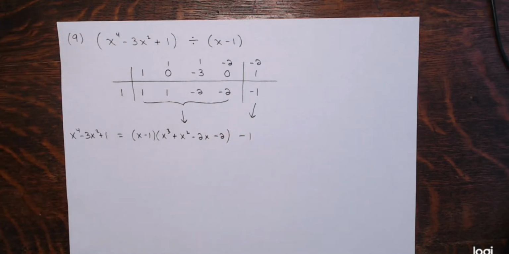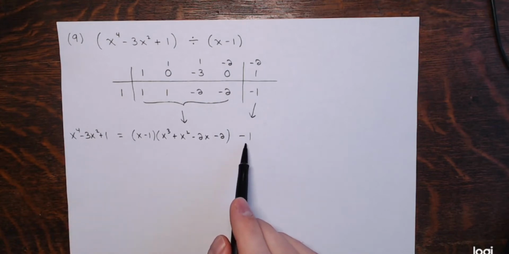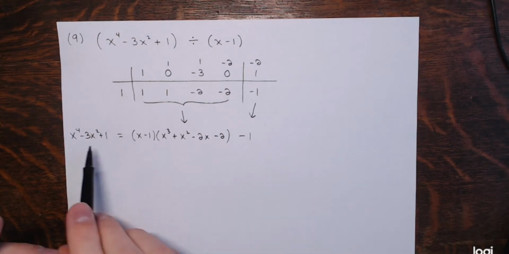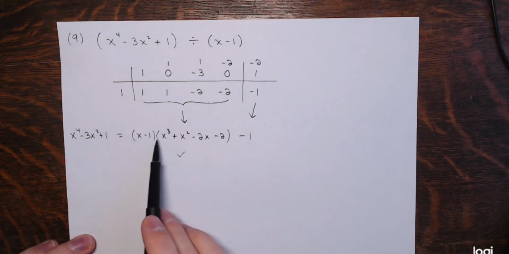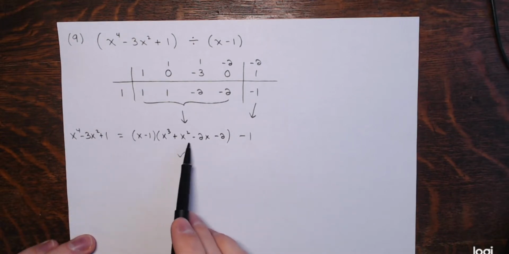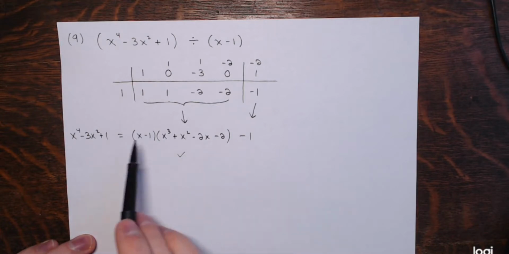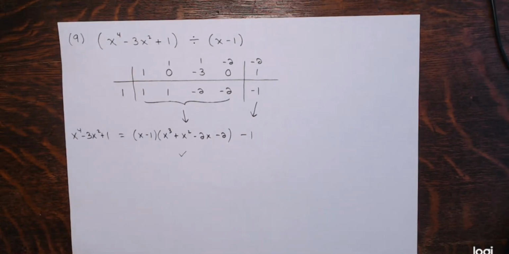So these aren't factors of that. This is not factored because the remainder is not 0. But it's still another way to write the polynomial. And check it. Don't forget to check it. Multiply these two, make sure you combine like terms and then subtract 1. And you should get x to the 4th minus 3x squared plus 1 when you're done.